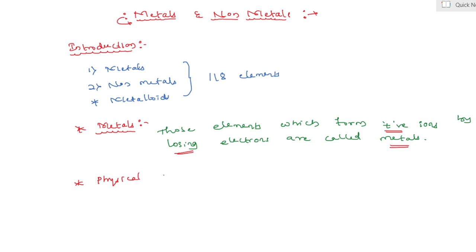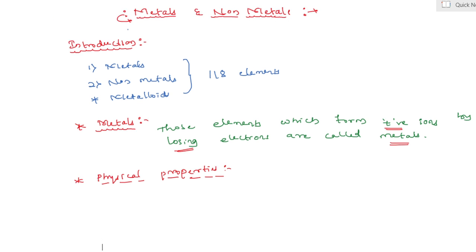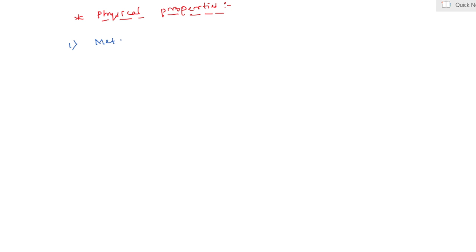Physical properties of metals. Let us see the physical properties of metals one by one. First of all, metals have metallic luster.